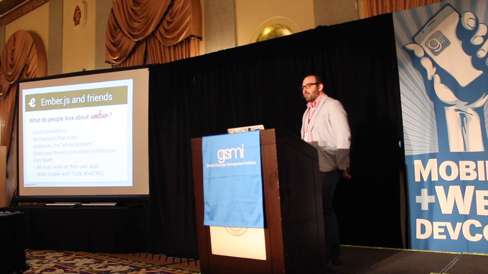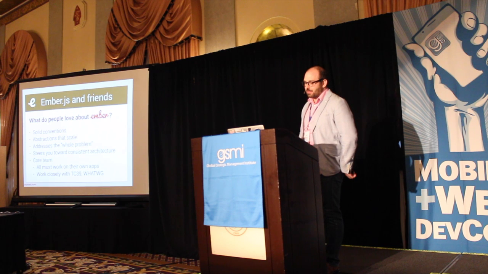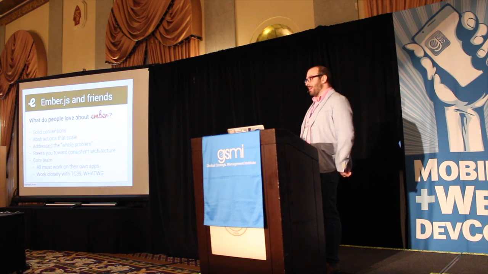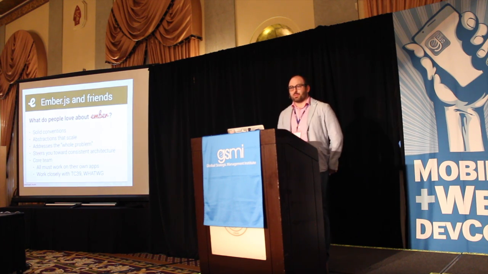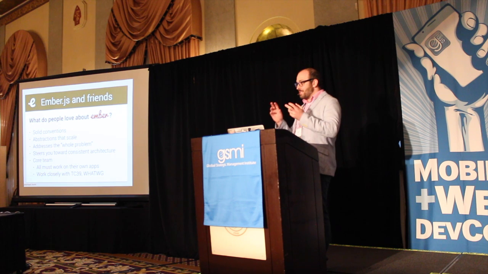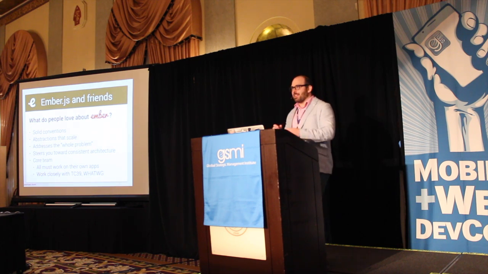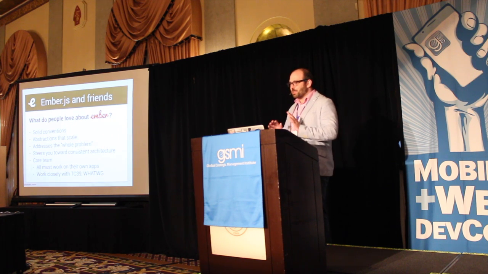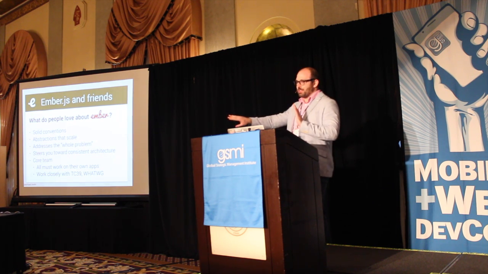So why do people who love Ember, why do they like it? It's built around conventions. So if you've ever used Rails, you probably know convention over configuration. And the idea here is to take some of the small decisions you make, the potentially inconsequential ones, and to sort of take them out of the picture, right?